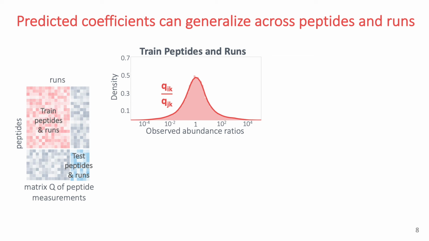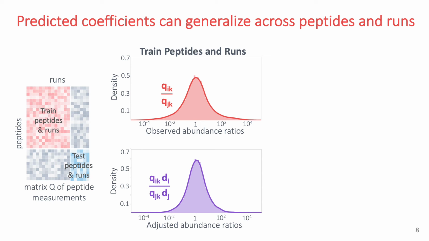We then adjusted the abundances in this plot using the coefficients we inferred, d_i and d_j. So this time you see the distribution of adjusted abundance ratios. When we compare the two distributions, we can see that we reduce the variance in the distribution and also reduce the loss, where the loss is the log squared distance between sibling peptide abundances.